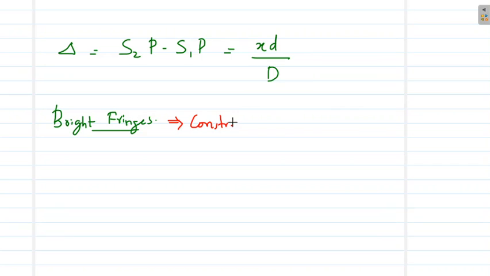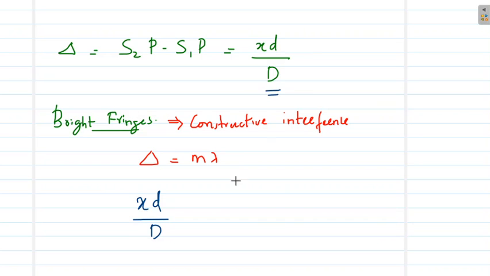So we write the condition for constructive interference, which is delta equal to m lambda. Here delta is equal to xd by D. So for a bright fringe to be obtained at the point P, the condition is xd by D, which is delta, equal to m lambda. If this condition is satisfied, you will have a bright fringe. Here m stands for different integers: m equal to 0, 1, 2, 3, etc.